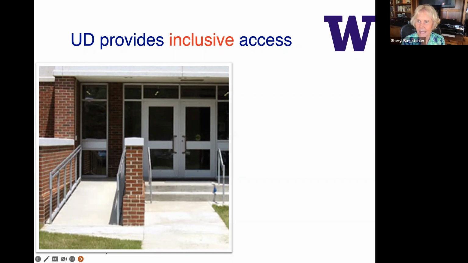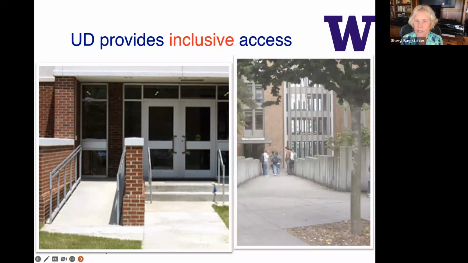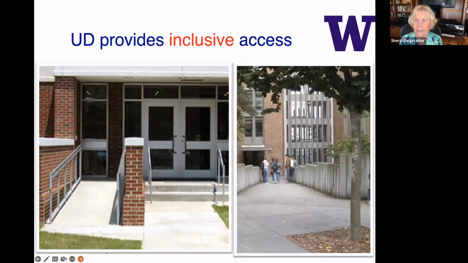And so it's ADA compliant and it's very usable, very accessible, but it's not inclusive compared to this other building, also at the University of Washington, where we have a very gradual sloping ramp going into the entrance, and it's quite wide. So first case, if I'm going into that building with a colleague who's using a wheelchair, we have to part ways because she can't go up the steps and I can't fit beside her in the ramp.